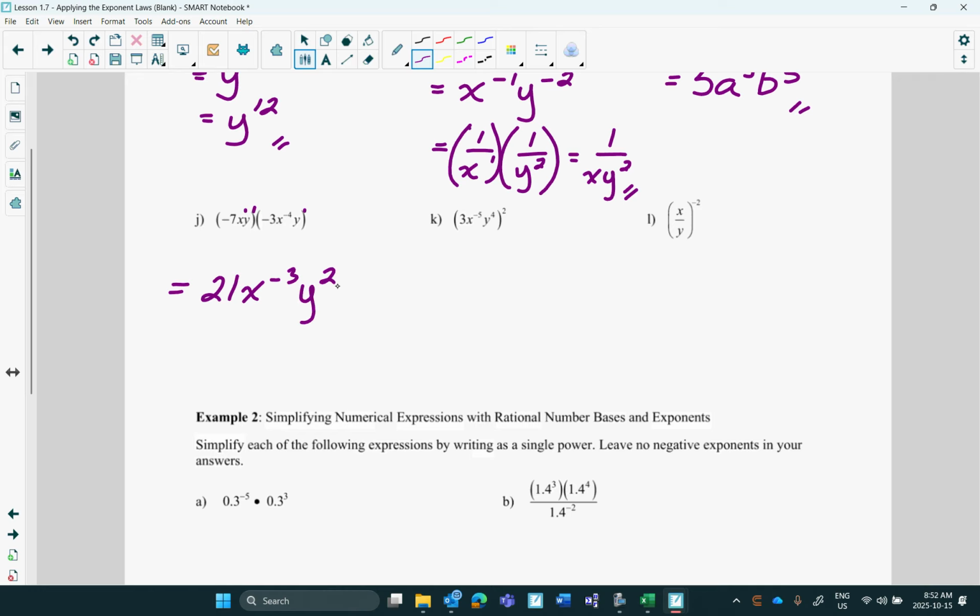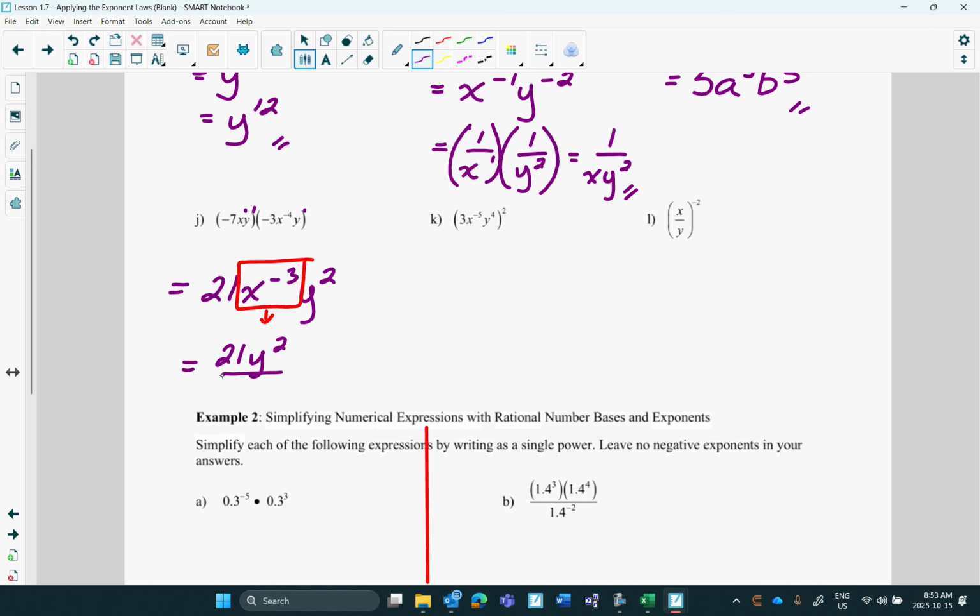Now, here's where you can take a bit of a shortcut. I can't have a negative exponent, can I? What did we always do? Didn't we always move the power down? Like when we flipped it, we moved it down. So you don't have to worry about writing 1 over x to the third. Just do it like this. 21 y squared, they stay up top.